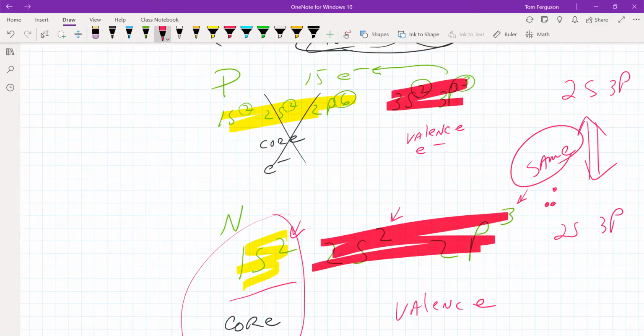Therefore, chemistry is the same. Because I keep stressing the valence electrons determine the chemistry. So if the valence electron structures are the same, then the chemistry is the same.